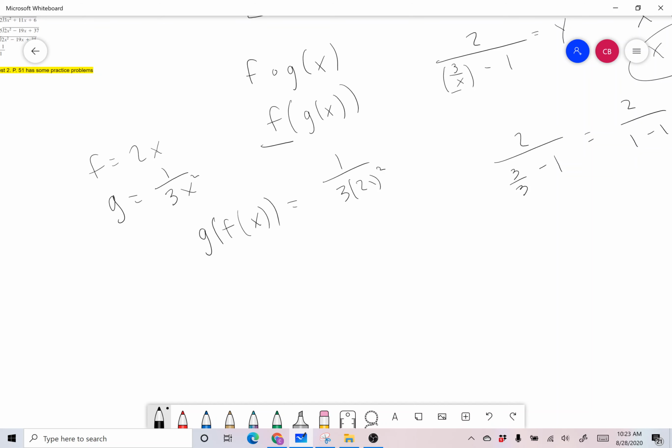Well, x becomes 2x because wherever we see x in g, we're going to plug in f. Pretend this is your x for g and plug in f of x for that x. So this is going to be 1 over 3 times 4x squared, which is 1 over 12x squared.